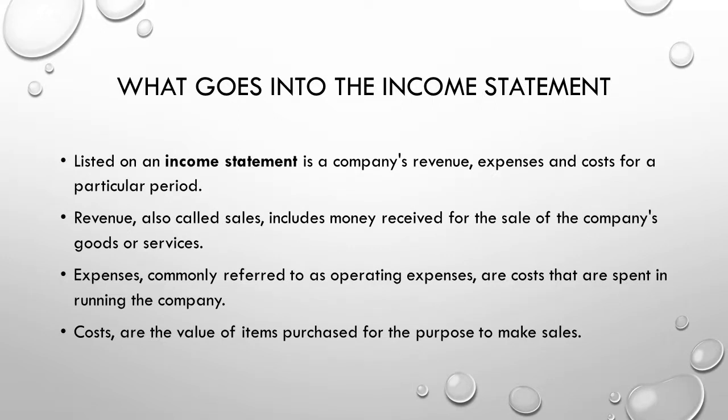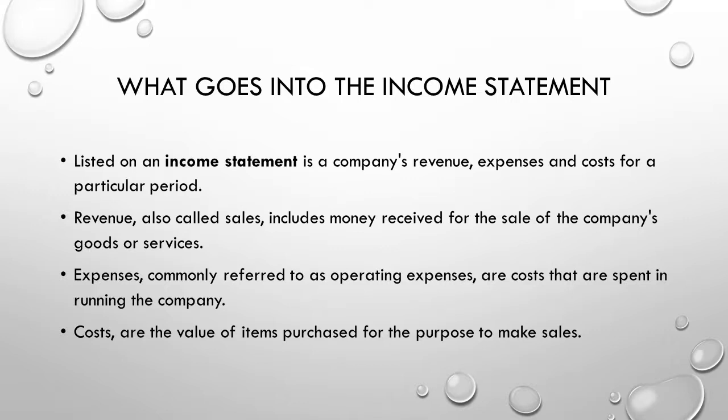What goes into the income statement? The income statement will take into account the company's revenue, expenses, and costs for a particular period. Remember, this is a profit and loss account, so it only takes into account your income and expenses. Assets, nope. Liabilities, nope.